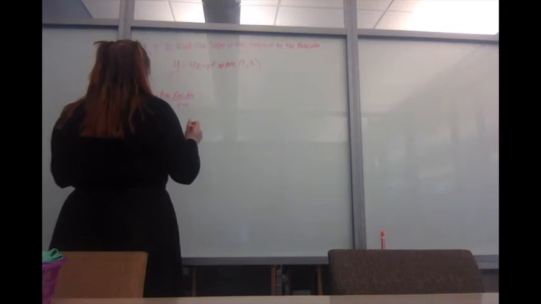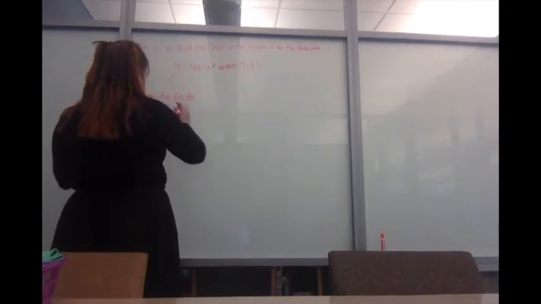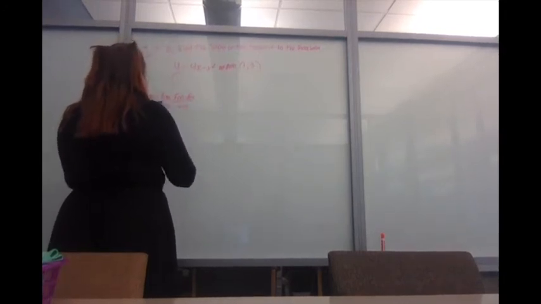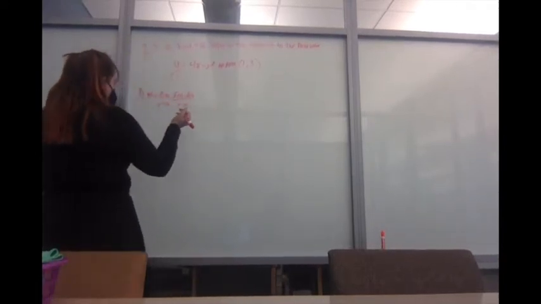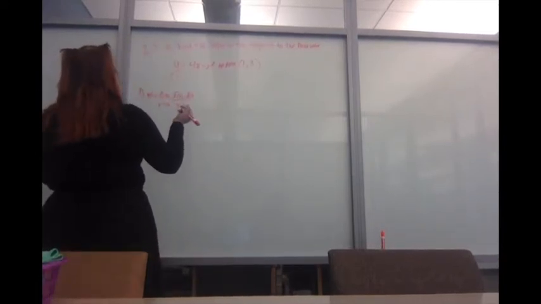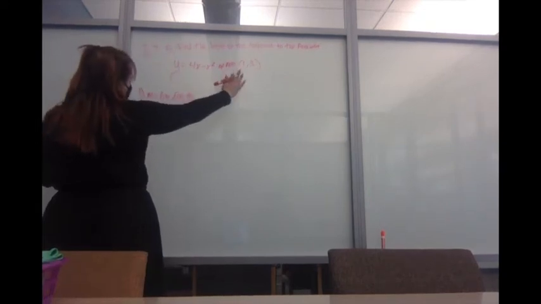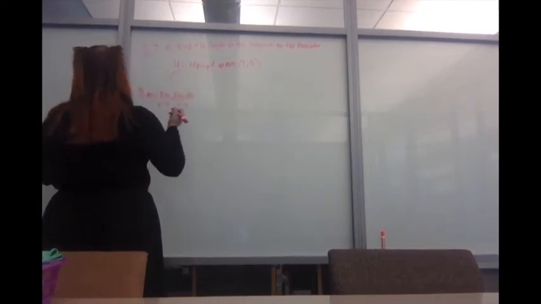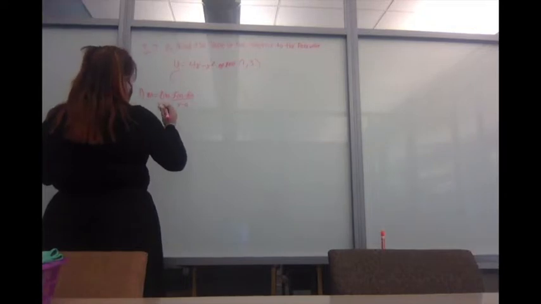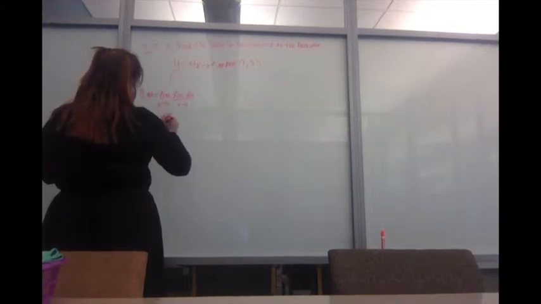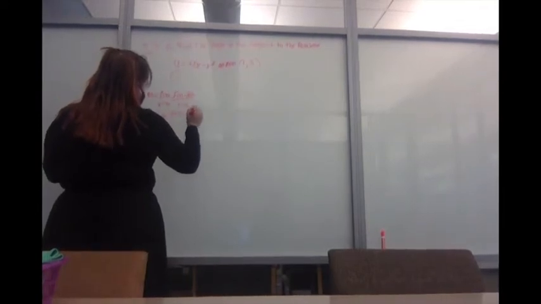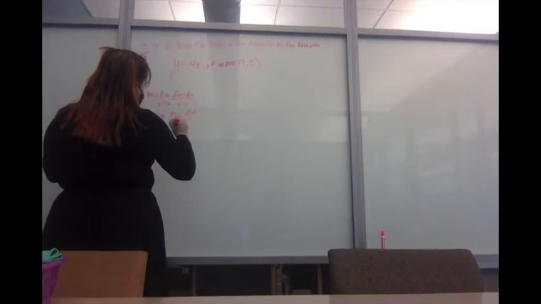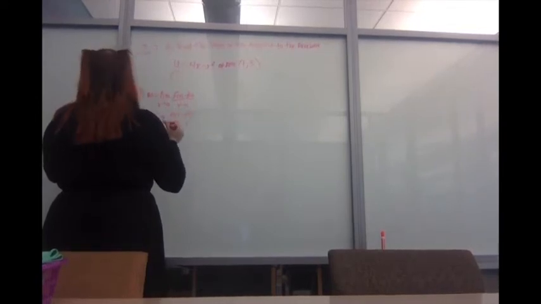I started with the limit formula, f of x minus f of a over x minus a. I plugged in 1 for a, so it ends up being the limit as x approaches 1 of f of x minus f of 1 over x minus 1.